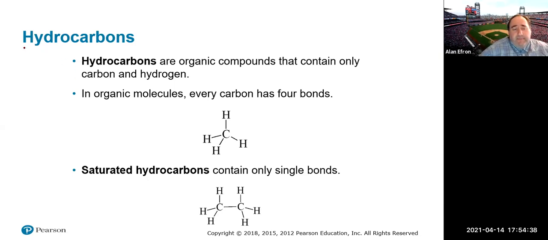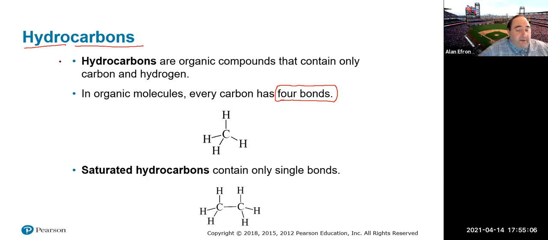And much like the name implies, it means it has hydrogen and carbon. So hydrocarbons are organic compounds that contain both hydrogens and carbons. As I mentioned before, this is super important in organic chemistry. It's all about carbon wanting to make those 4 bonds, as we see here in methane.